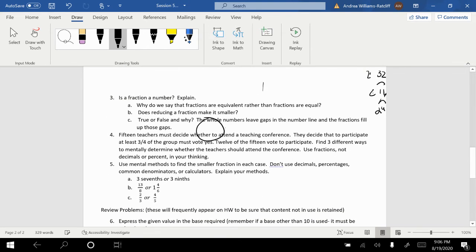So now we have a question that asks us, is a fraction a number? It is a comparison of 2 numbers. It is a ratio, so we have a comparison of 2 numbers by division. It is particularly a part to whole ratio. And why do we say fractions are equivalent rather than equal? Because they're not exactly the same.